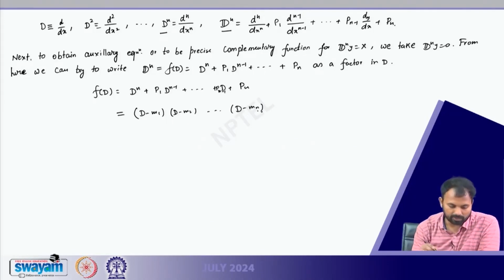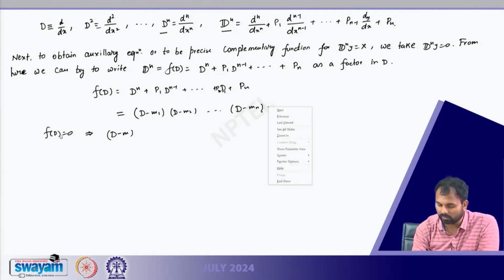And therefore, to obtain the auxiliary equation, we say that f(D) equals 0, and from here we will get (D minus m1). So for the auxiliary equation we will have f(D) y equals 0.